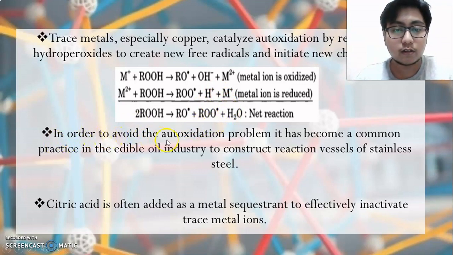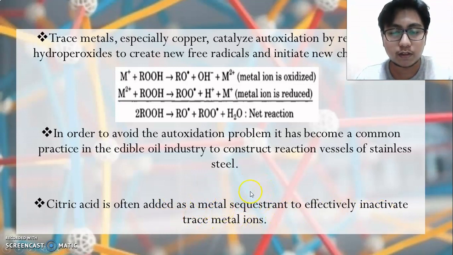And then in order to avoid this problem, it is common in the edible oil industry or any oil industry to construct reaction vessels out of stainless steel to avoid trace metal ions that will interrupt the reaction. And citric acid is also often added in the reaction as a metal sequestrant to effectively inactivate trace metal ions.